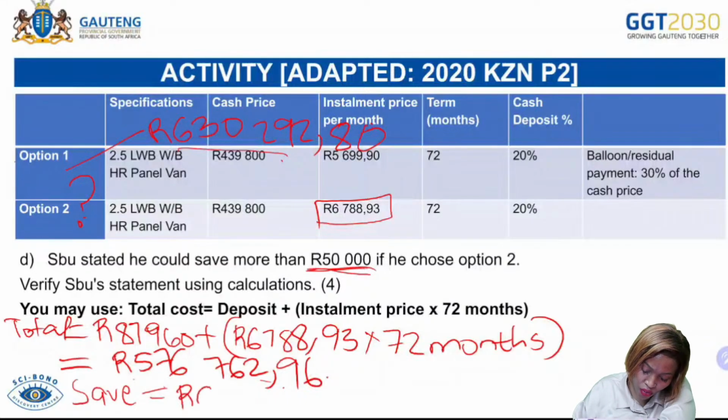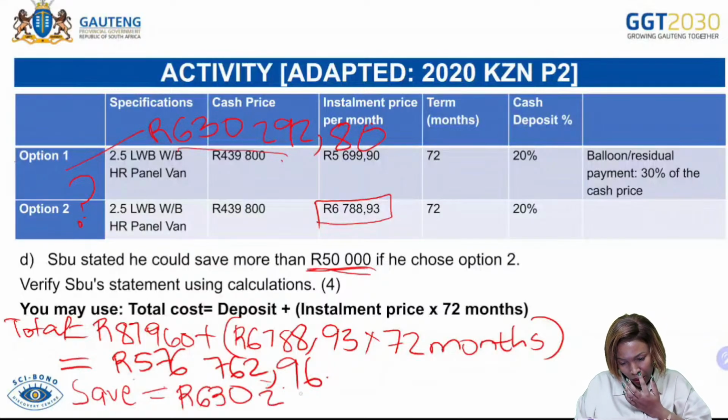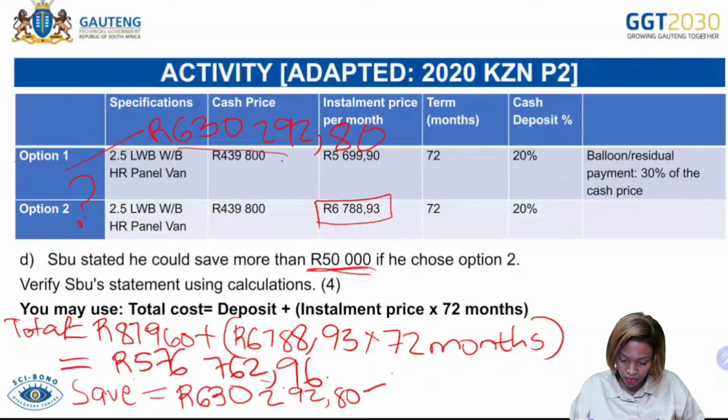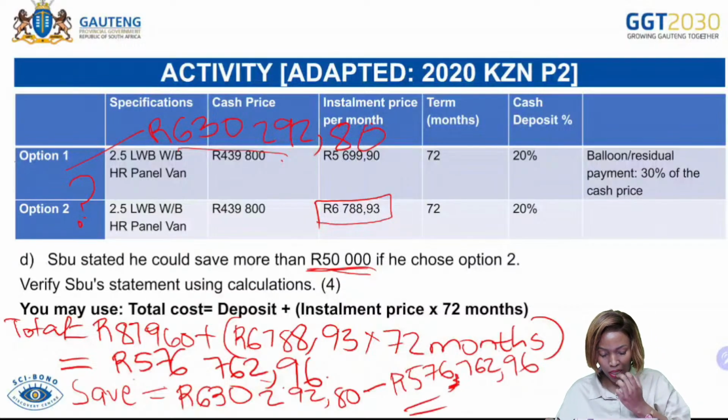You take the cost of option 1, 630,292.80, and subtract the cost for option 2, which is 576,762 and 96 cents. Let us punch this in the calculator.